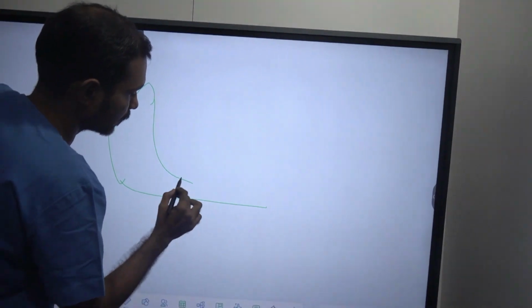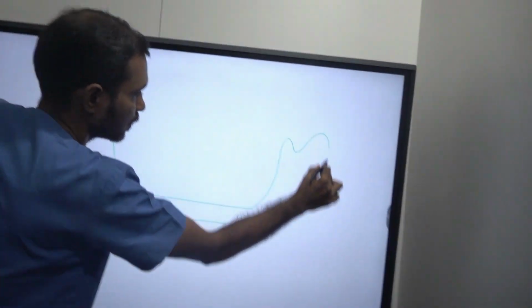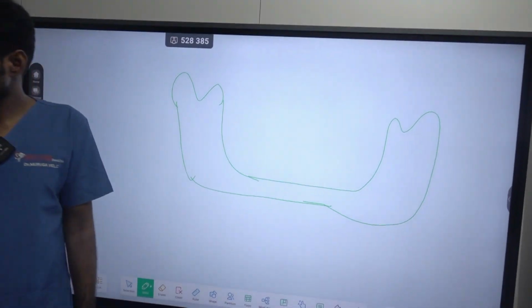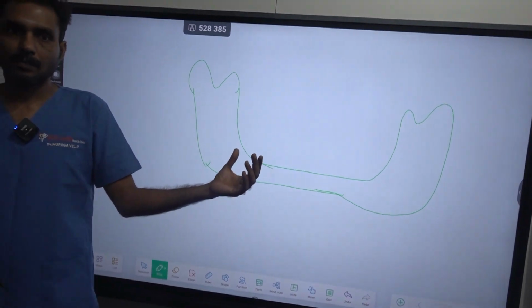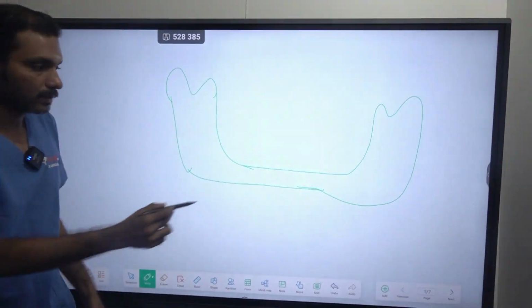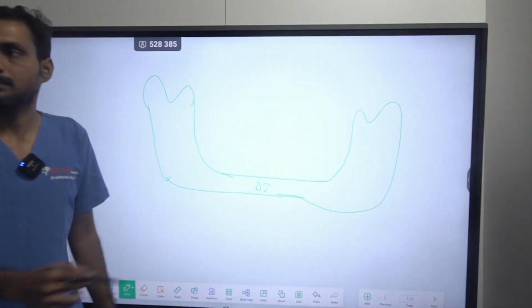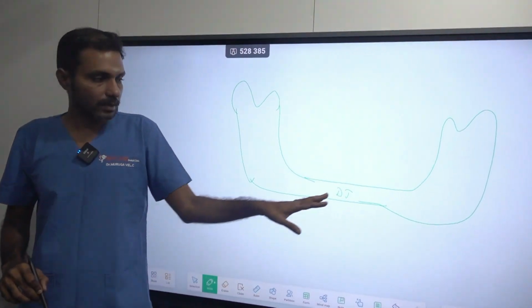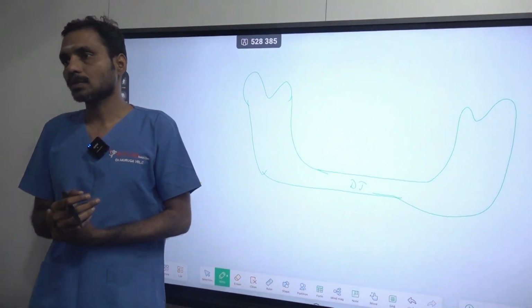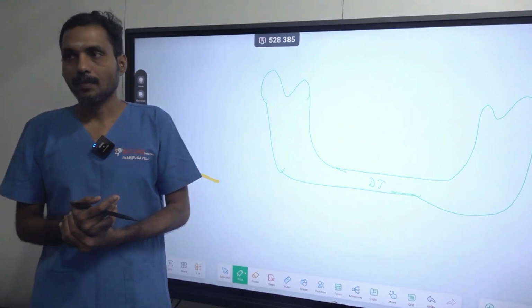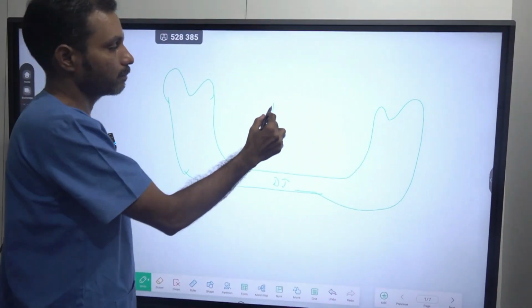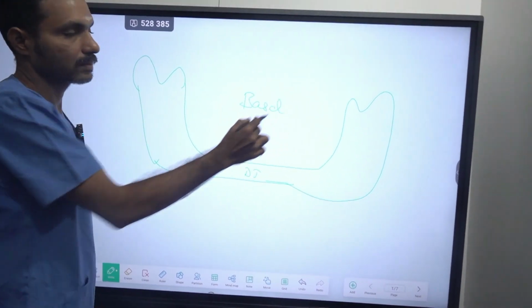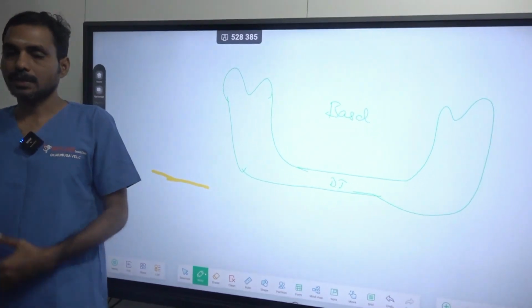Very thin mandible. Okay, very thin mandible, D1. These kinds of cases will get into trouble. So it is better to use a basal design, not a compressive design.